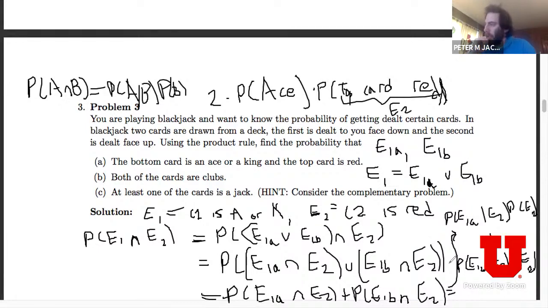So this is a common issue. I think I did something wrong here. Yeah, this is technically correct, you can condition on either, but it'll be a lot harder to know the probability of E2 compared to the probability of E1. So we have to fix this. We need to condition on the event E1, not on the event E2.